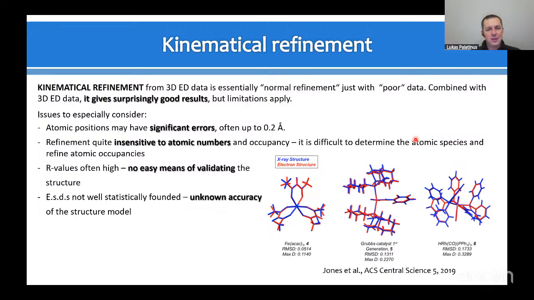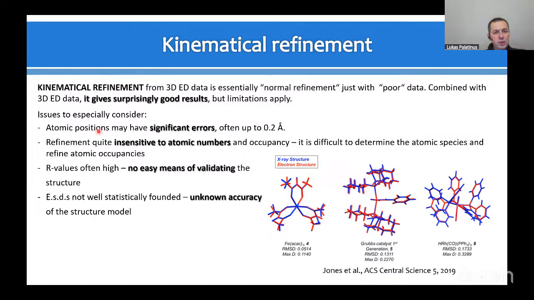But actually, seeing how bad an approximation it is, it gives surprisingly good results. You can solve the structures, you can refine the structures, to reasonable accuracy, especially if you are interested in molecular connectivity. So in the basic outline of the structure, the kinematical refinement is really fine.